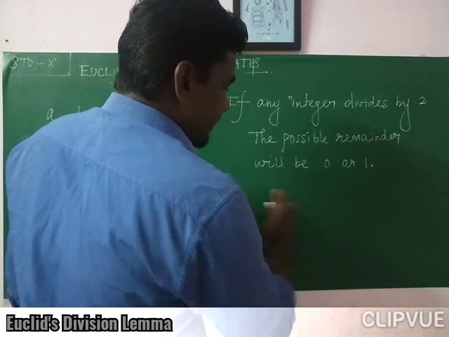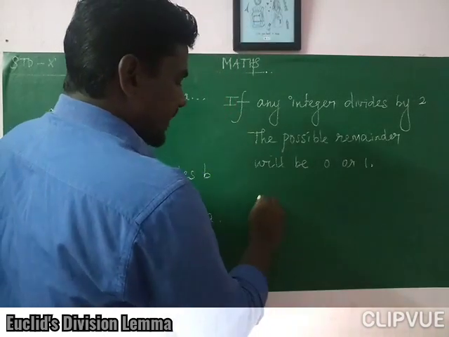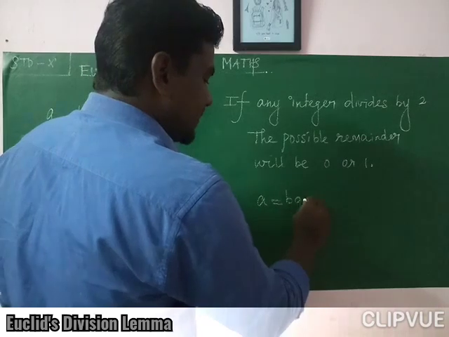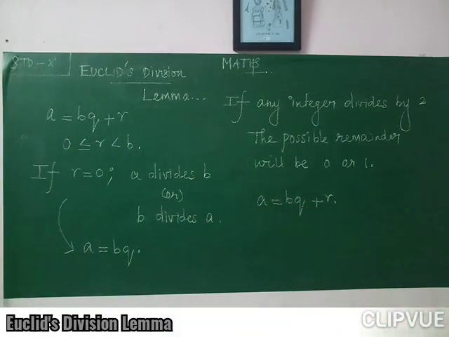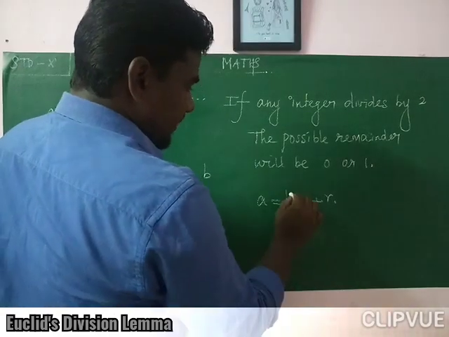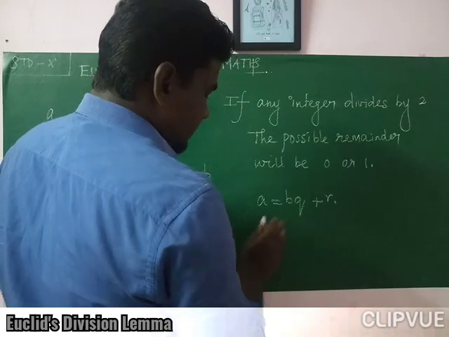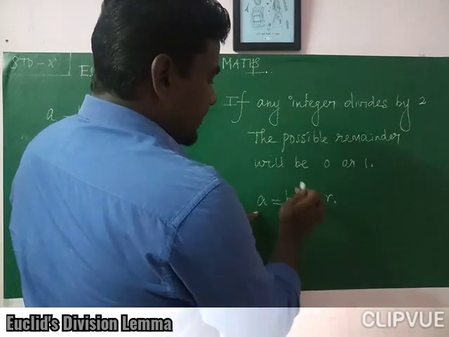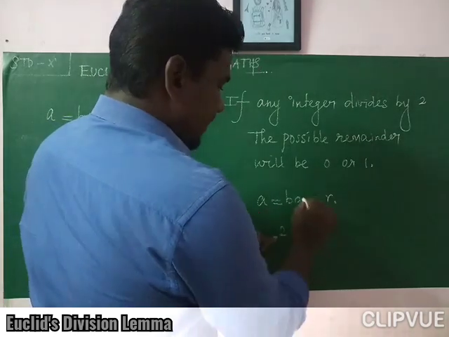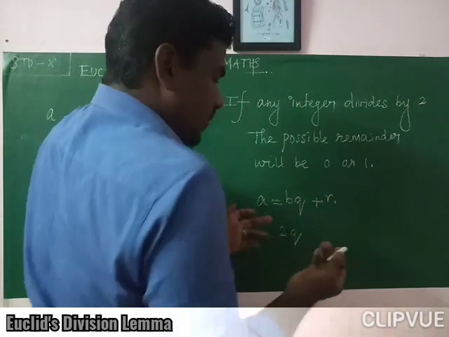Actually, a equals bq plus r. You know this concept. We are going to find the number a, and we know the b value. Q we do not know.